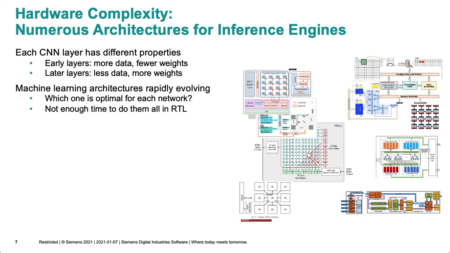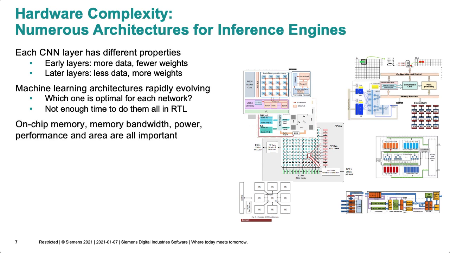Machine learning architectures are rapidly evolving, and it's hard to know which one is optimal for each type of network. Furthermore, there's not enough time to build them all in RTL, so designers have to make a decision up front that may lead them down the wrong path. On-chip memory, memory bandwidth, power, performance, and area are all important, especially when targeting edge applications.